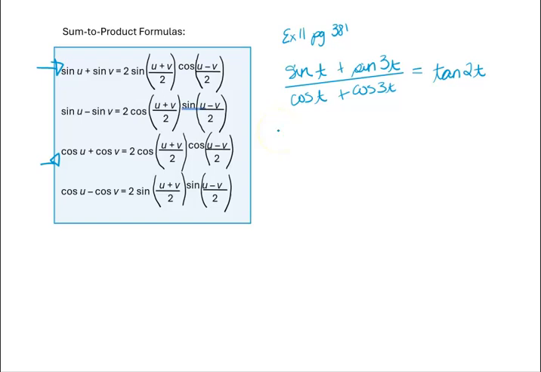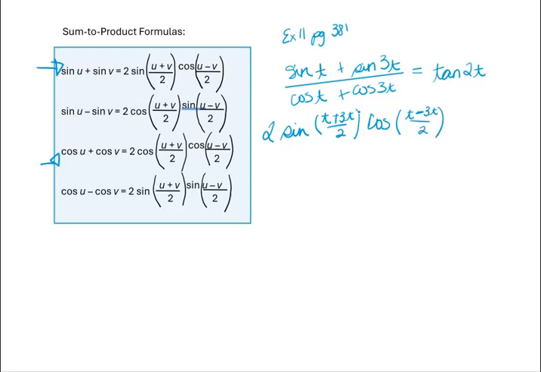I'm going to use the first formula to rewrite the numerator as 2 times sine of the quantity u, which is t, plus the v, which is 3t, divided by 2. I meant to make my parentheses all the way down, so let me correct that here. Times cosine of t minus 3t divided by 2.